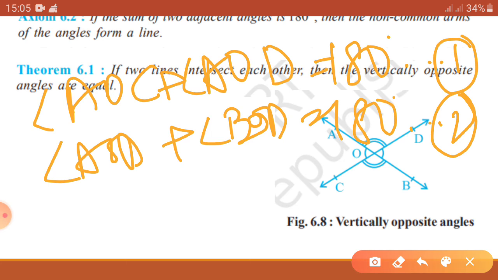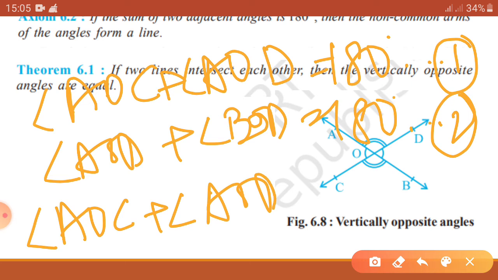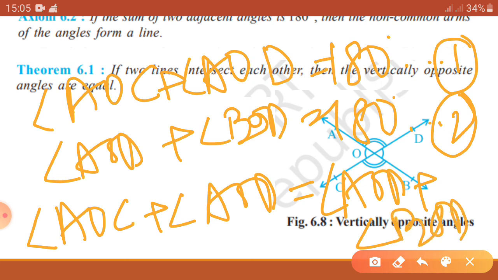From equations 1 and 2 we can write that angle AOC plus angle AOD equals angle AOD plus angle BOD.